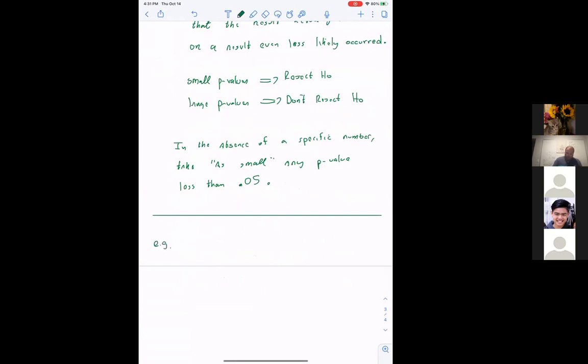So example, let's do the following. So it says here, and this is an example from the book, I'm just reading it out here. The National Center for Health Statistics reports that the LDL cholesterol for adults has mean 130.